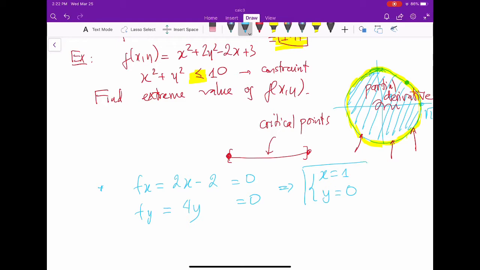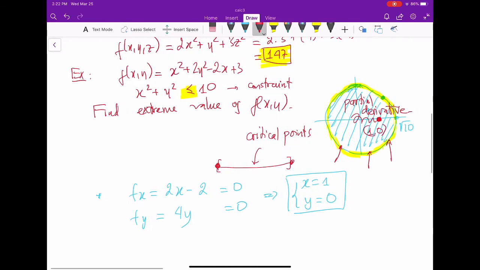So we have only one critical point, right? Where is that? x equal to 1, y equal to 0. This is somewhere right here, inside the circle, right? 1 and then 0. We don't have any critical points on the circle, but inside the circle we have 1.